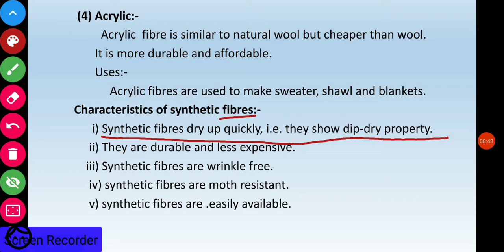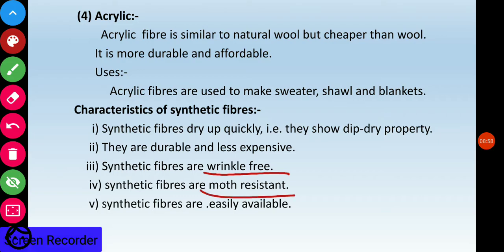You can ask your mothers that they are made from synthetic fibers. They are durable and also less expensive. Wrinkle free, so you do not need to iron the clothes. Moth resistant, meaning insects do not attack them and the clothes do not get spoiled, and they are easily available also. So these are a few properties of synthetic fibers.